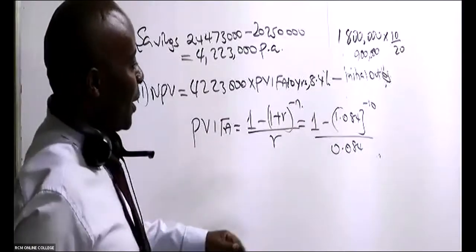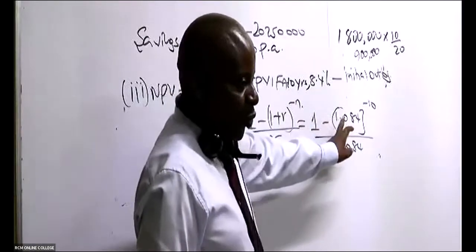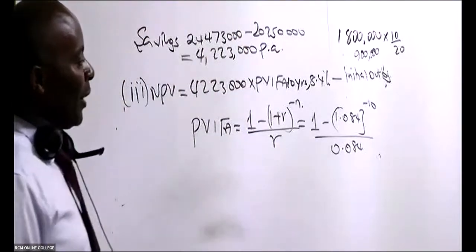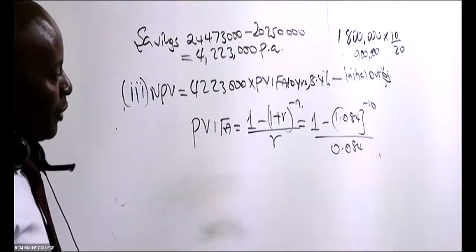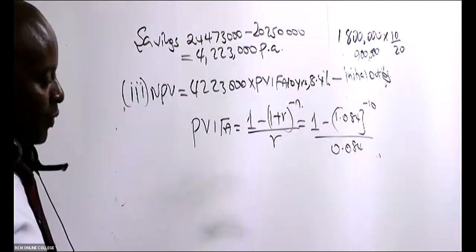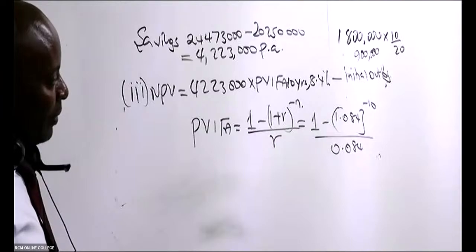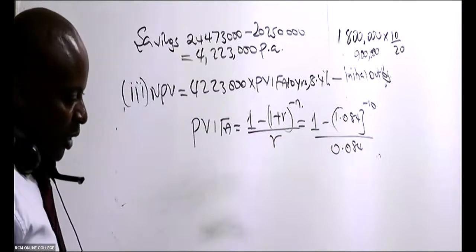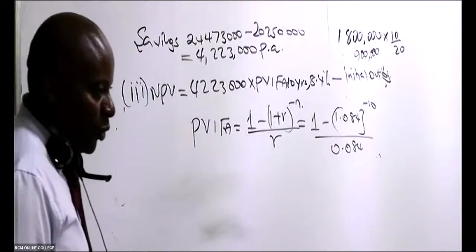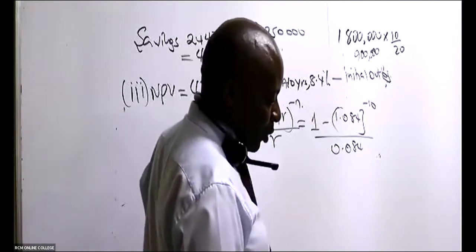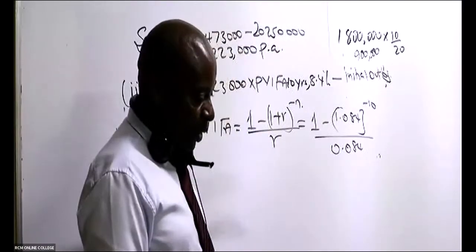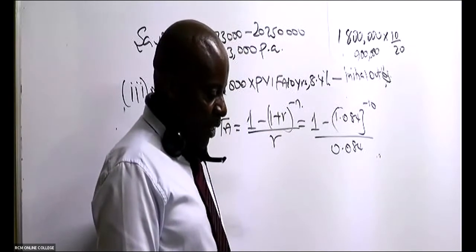Be careful with this. I may not be very sure. So 1 minus 1.084 raised to negative 10. Whatever answer I get, I will divide this by 0.084. So tell us, what are we able to get at the end of the day?